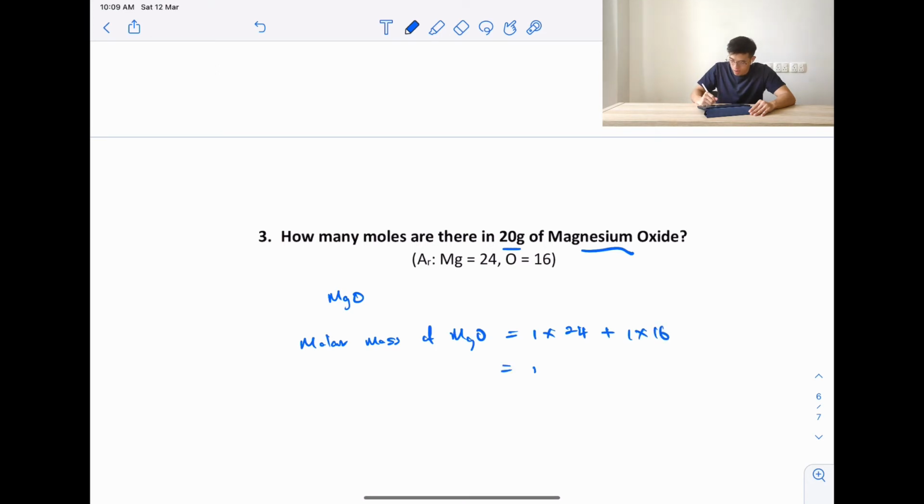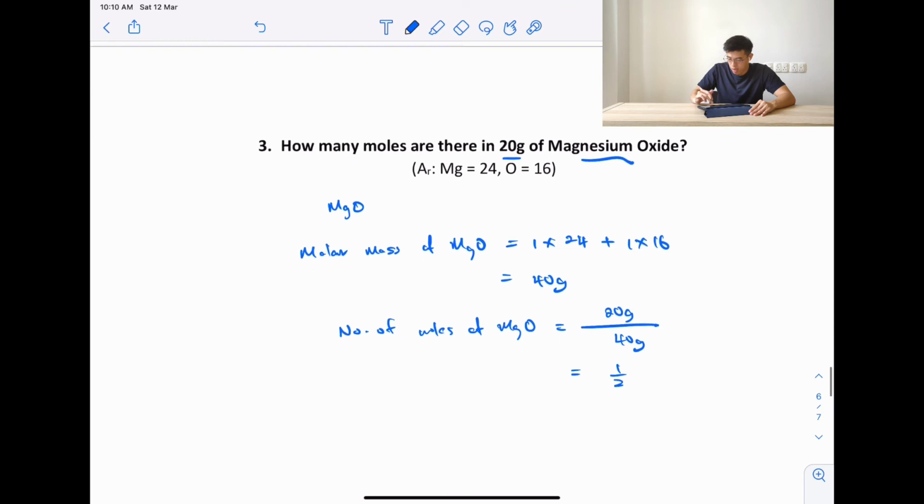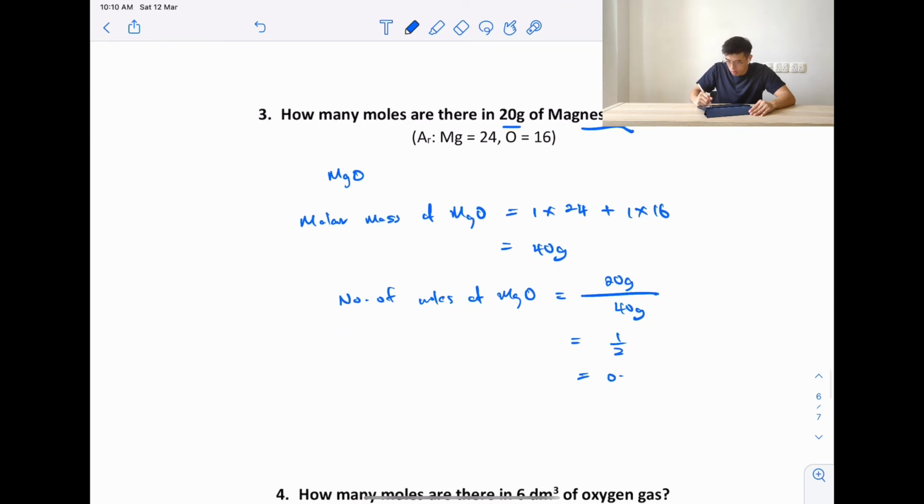So we'll get 40 gram. So to determine the number of moles of MgO, it will be the mass, which is 20 gram, divided by 40, which is the molar mass. You will get half, so it will be 0.5 mole.